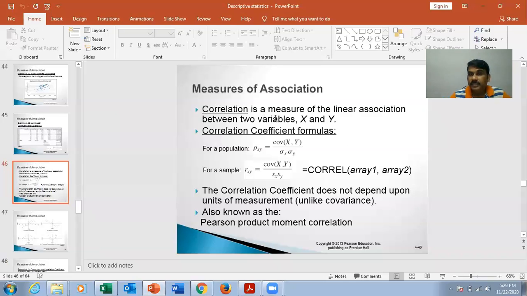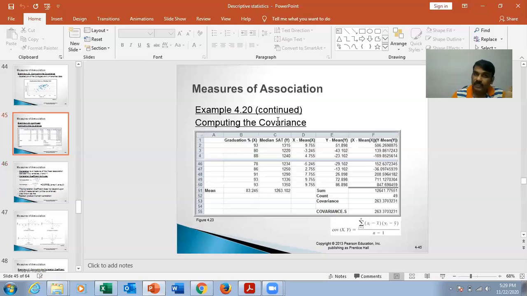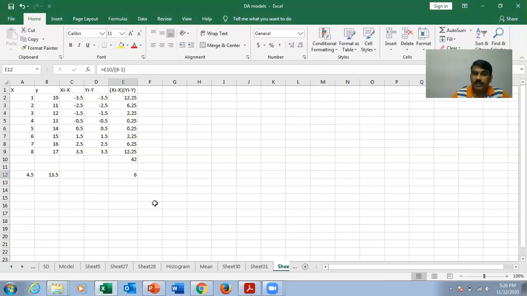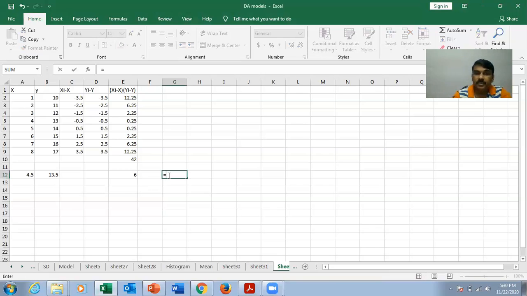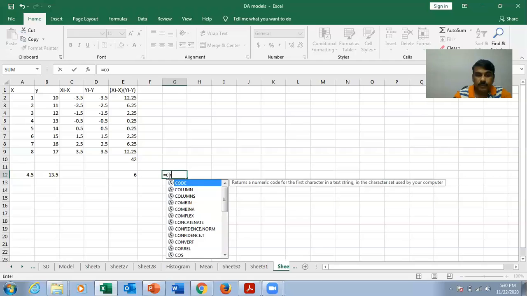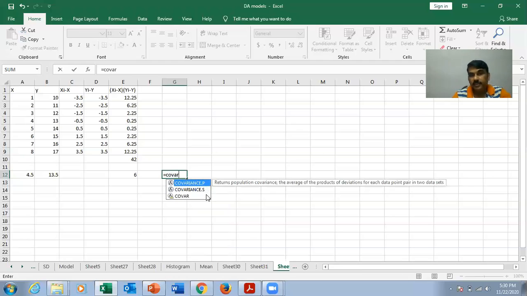Correlation comes after covariance. The next important concept of measures of association is correlation. First we are going to understand this covariance in a better way. This is the normal way through which we can calculate the covariance value. But there is also a formula in Excel: the population formula is different and the sample formula is different.